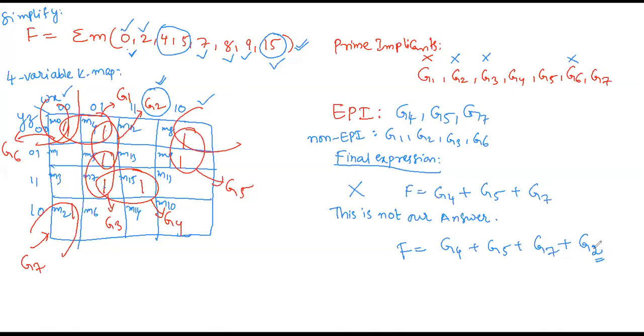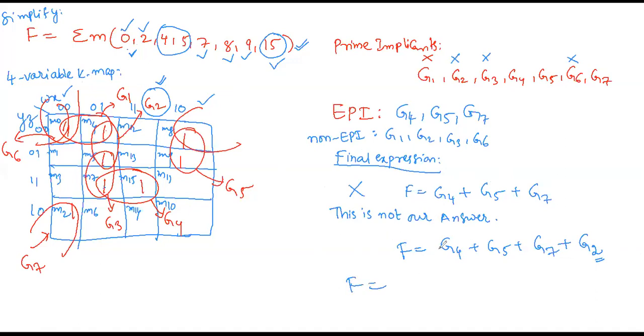Okay, this is the step 3 otherwise condition. In the step 3 rule, otherwise condition: if the essential prime implicants do not cover all the minterms in the given expression, we have to take the non-essential prime implicant.